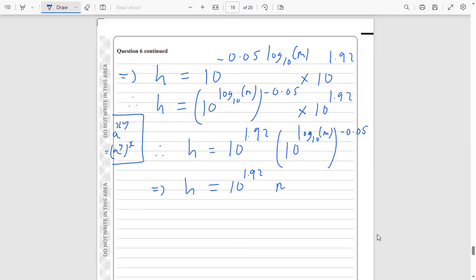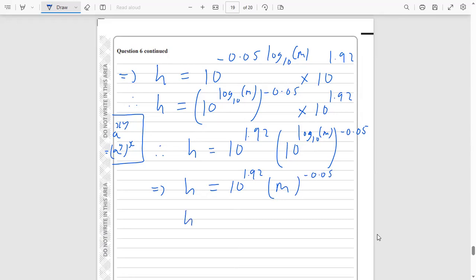So we just get m, and then to the power of this number here, so to the power of minus 0.05. So everything inside the brackets there is just m, because again, 10 to the power of log base 10 just cancel out because they're inverse functions. So we just get the input into the log there, which is m.